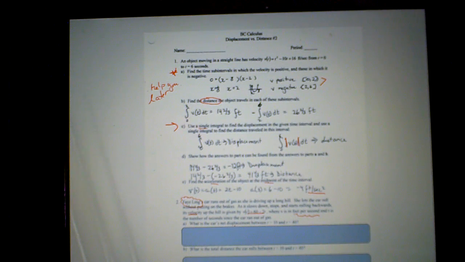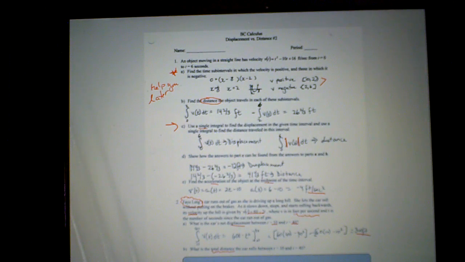What is the car's net displacement between the times 10 and 40? Displacement, don't care whether you're positive or negative, so I just did the antiderivative of velocity. Antiderivative rule was very easy to find. 10 to 40, plugged in, got my answer, and units.